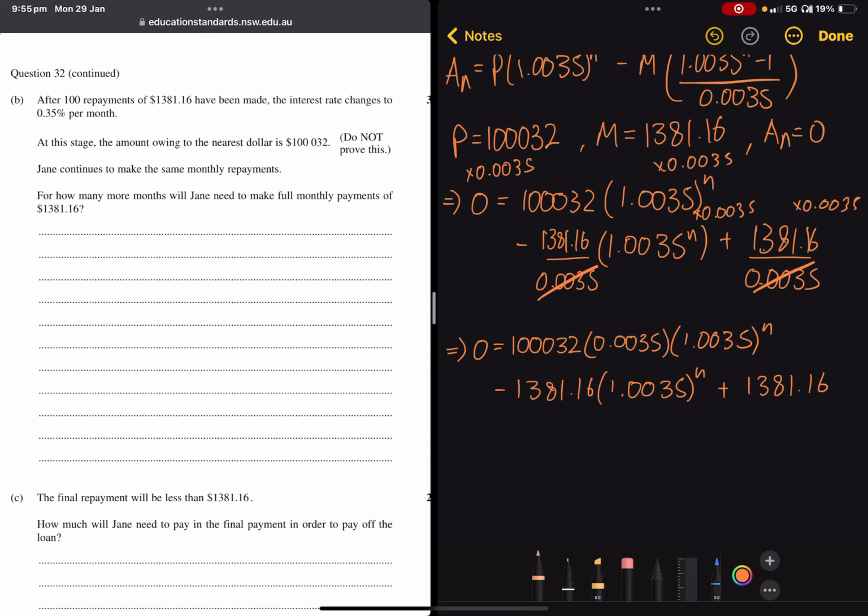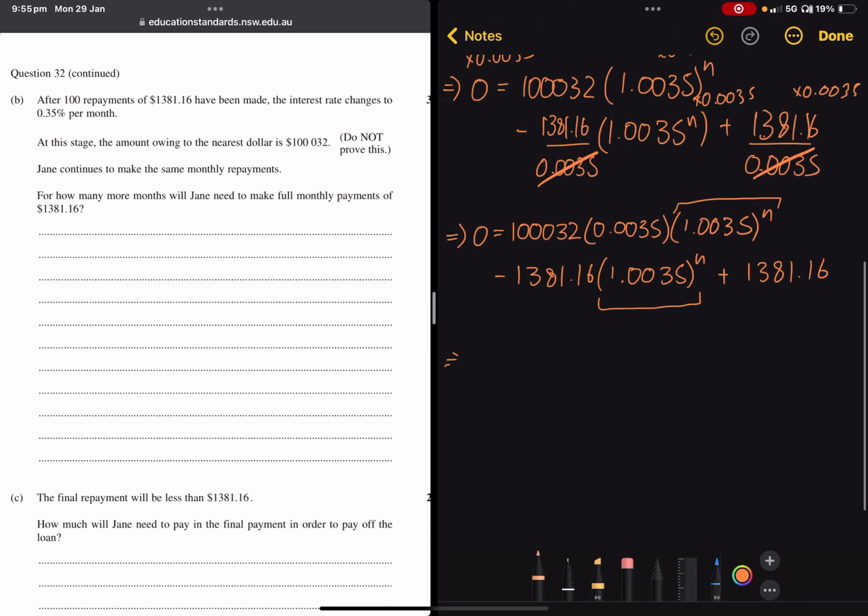So we need all of the terms that have 1.0035 to the power of n on one side, everything else on the other side. So we will minus 1381.16 from both sides.